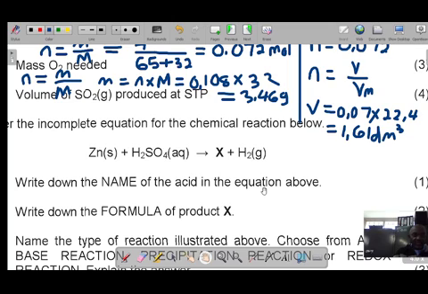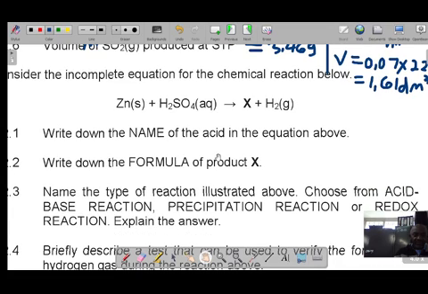Don't give up, guys. Let's write the incomplete equation for the chemical reaction below, that is zinc solid plus H2SO4 to give us X plus H2. So write down the name of the acid in this equation. So our acid here is this one.